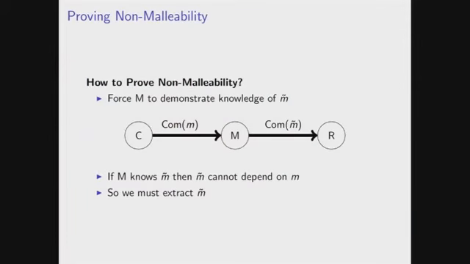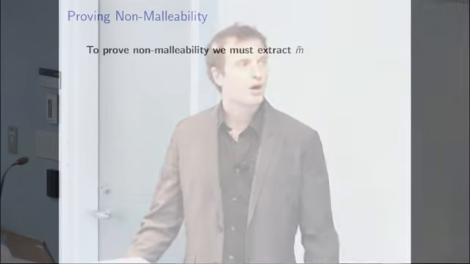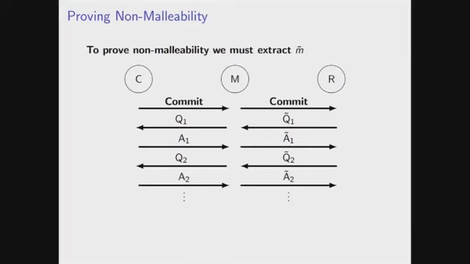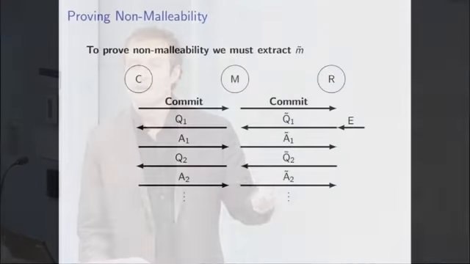Okay, so for this reason, all of the non-malleable commitment schemes in the literature look like this. They're really just fancy extractable commitment schemes. They're more complicated versions, and you can throw some stuff in, but really it's a commitment at the beginning, and then a bunch of query and answer, and you have to show that you can extract from the right.